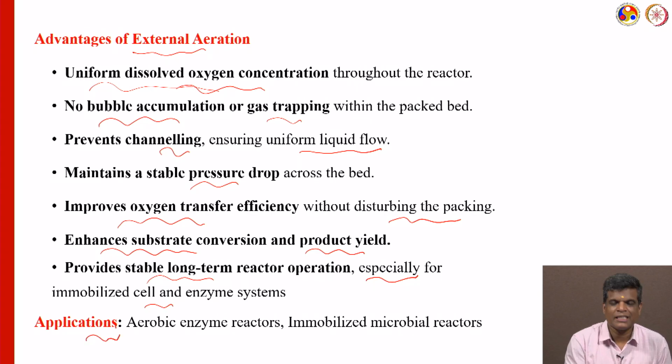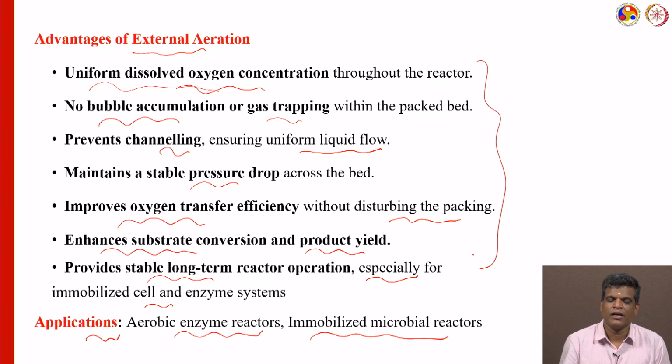So, what are the applications here? Aerobic enzyme reactors or immobilized microbial reactors; these all use external aeration. So these are the advantages of external aeration: we get a uniform dissolved oxygen concentration, definitely no bubble accumulation, the bed will not collapse, channeling is prevented, and efficiency automatically increases.